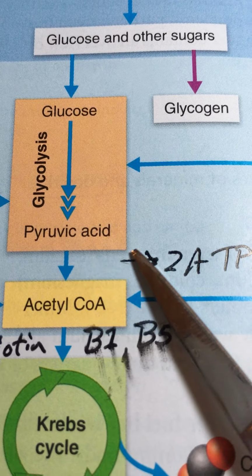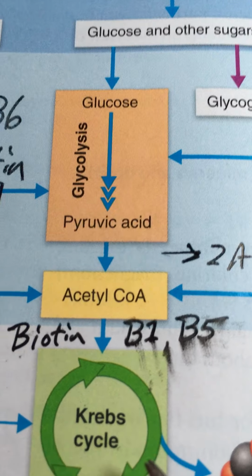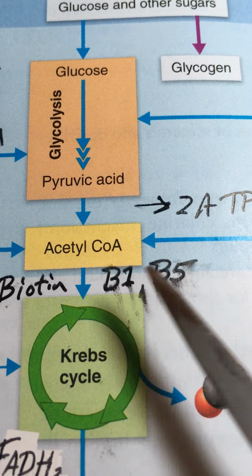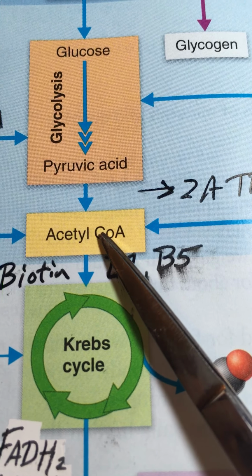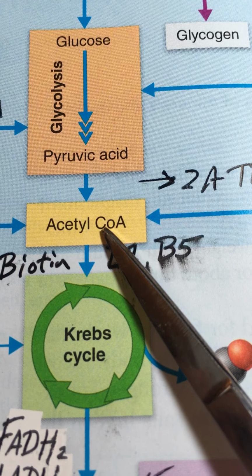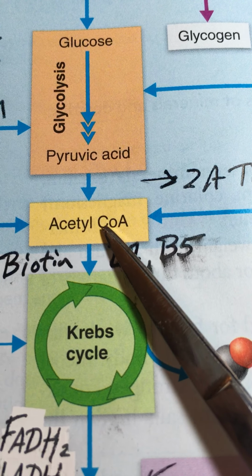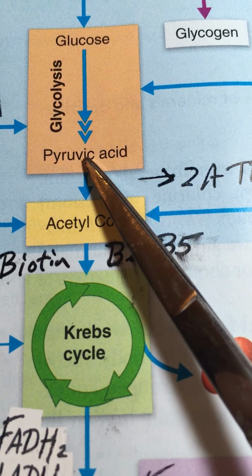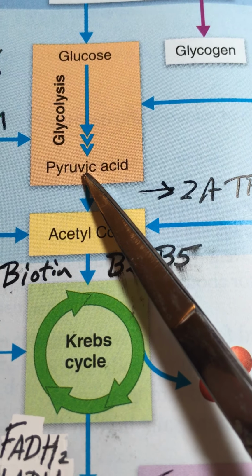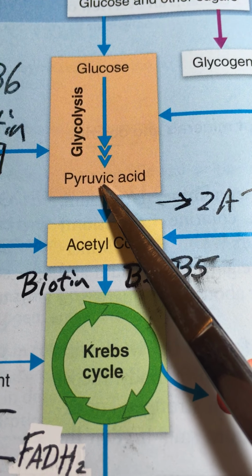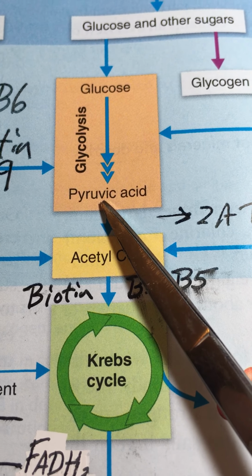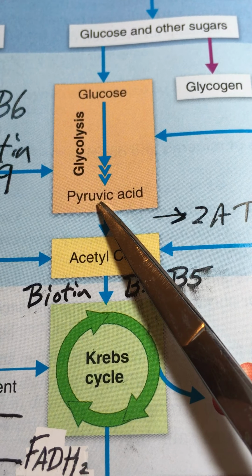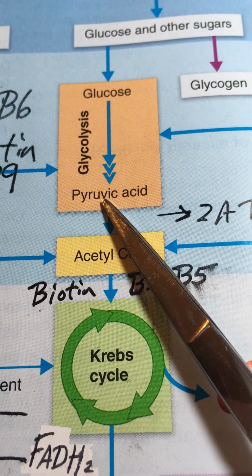In order to take the next step, we must have oxygen. So besides B1, B5, and biotin, we need to have oxygen just to get to acetyl-CoA. If you don't have oxygen, you're stuck here. If you're sprinting or you're going so fast in your physical activity that you can't breathe properly, you can't really hold a conversation.